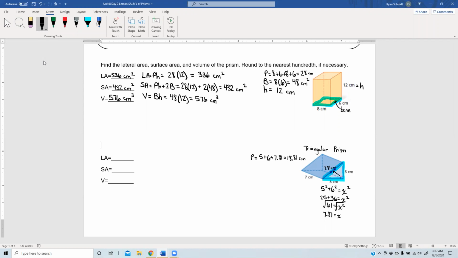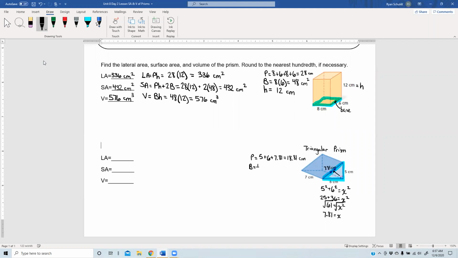So there's capital P. Now we need to get area of the base. We can almost call these like rapper names. That's big P, that's big B. So now let's get big B. We have a triangle here.